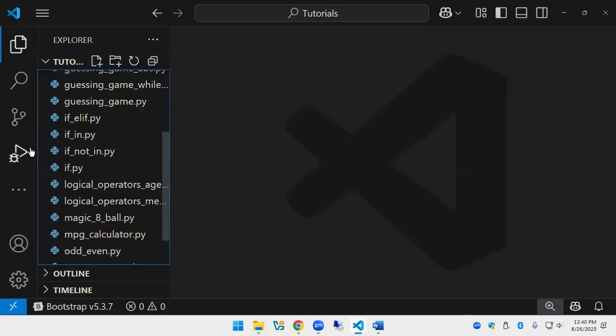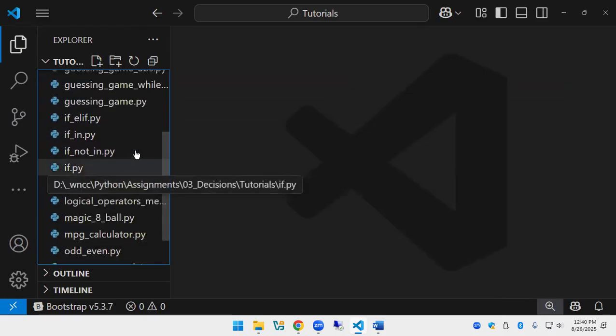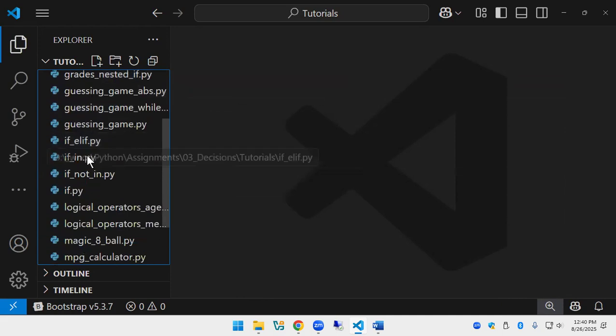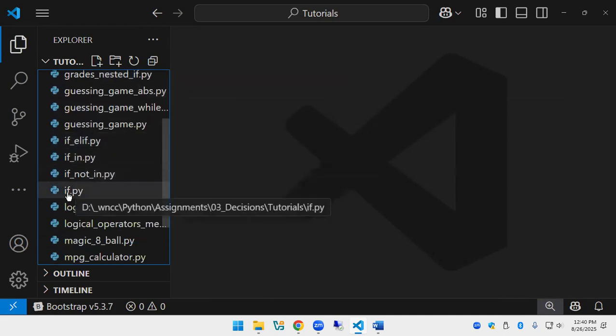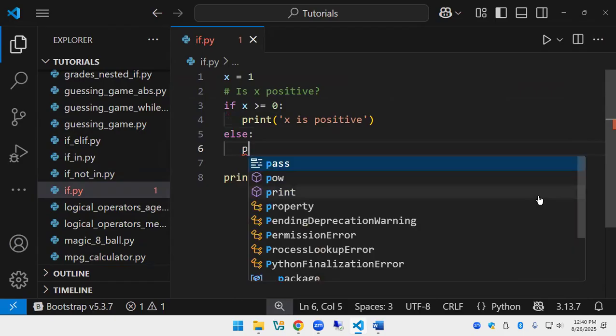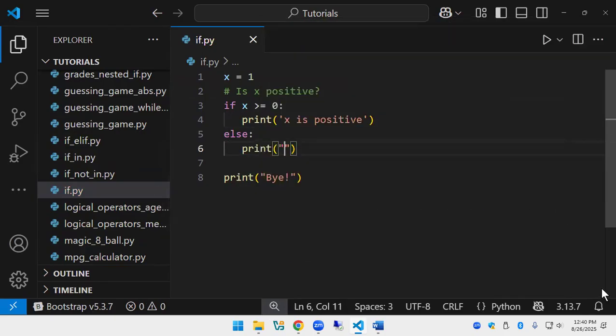Because what happens if it's not? Oh, I don't have the one. It should say if else. Well, maybe I don't have a separate one for that. We'll just do it here. So either it is or, wait, X is negative, right?